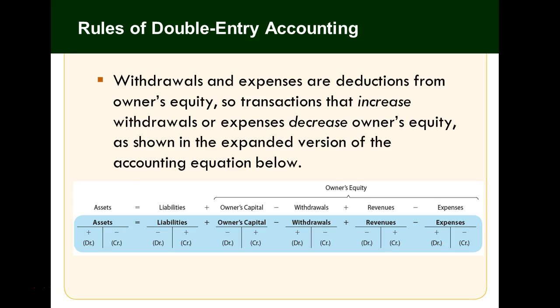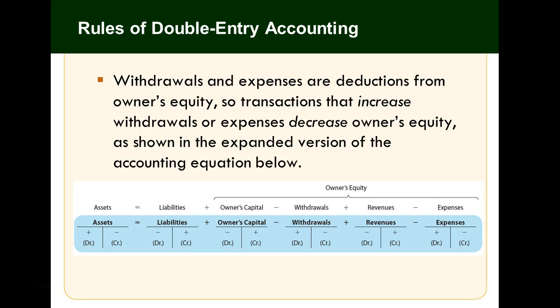When we credit the capital account, we increase owner's equity. When we credit our revenues account, doesn't that increase owner's equity? Revenues increase equity. But when we withdraw money, doesn't that decrease our owner's equity?